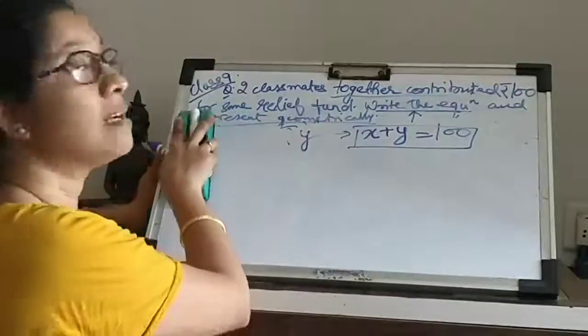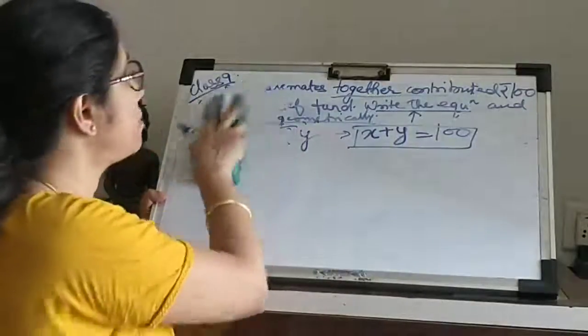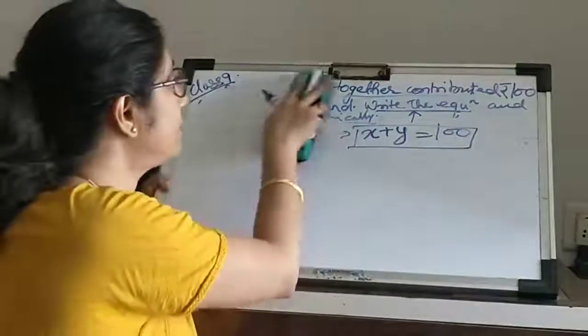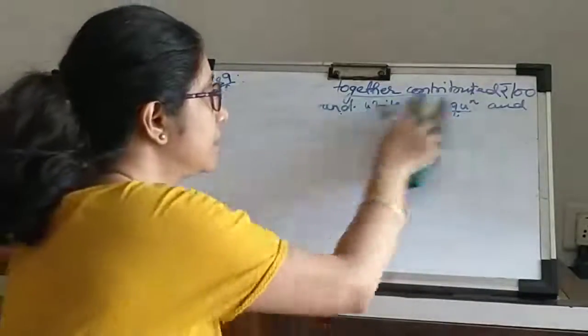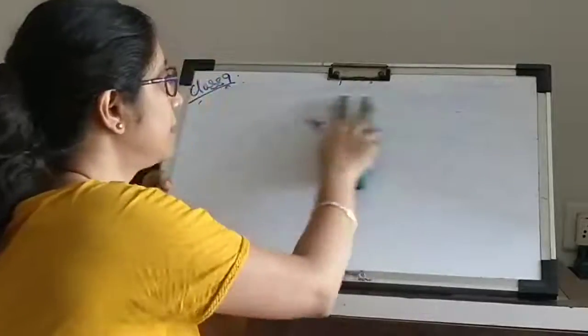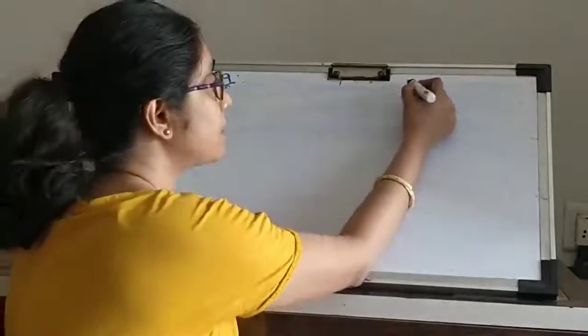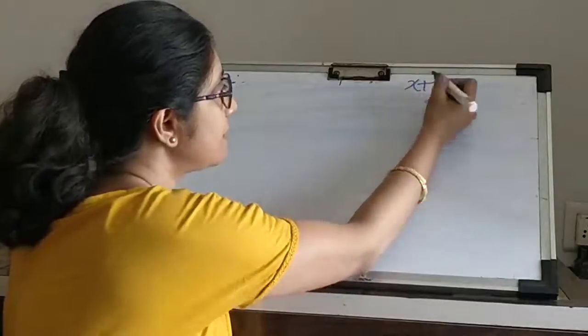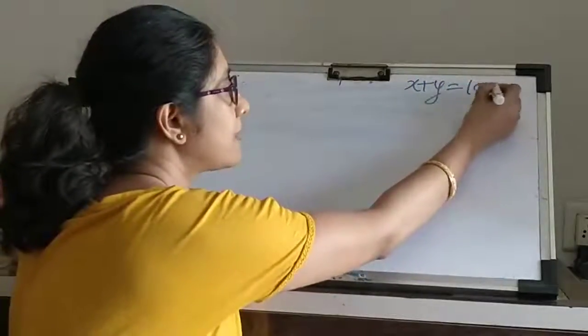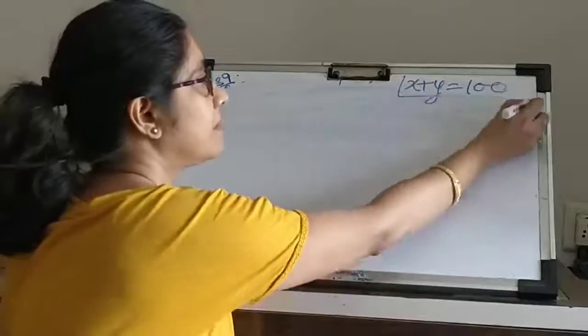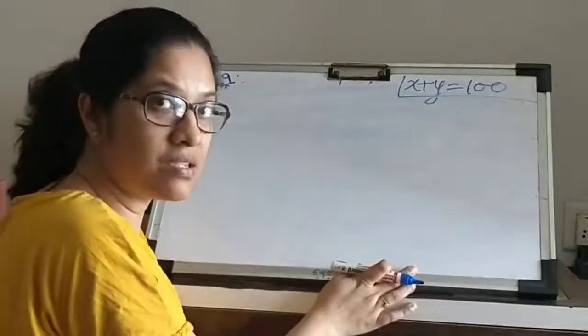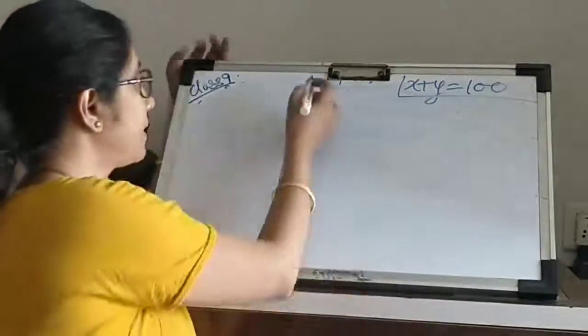Now I think I'll just wrap this question because I need some space here for the graph. So what was the equation that we had got? x plus y is 100, which needs to be represented on the XY plane.